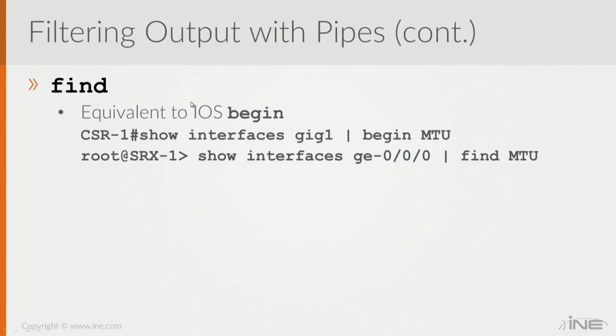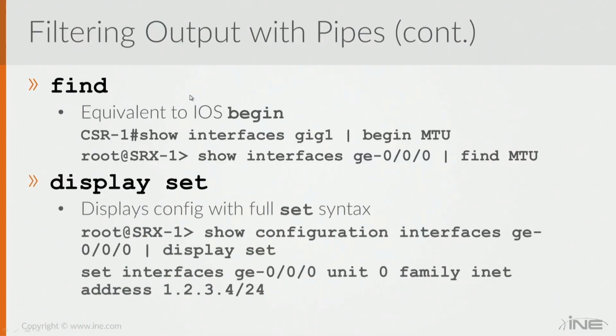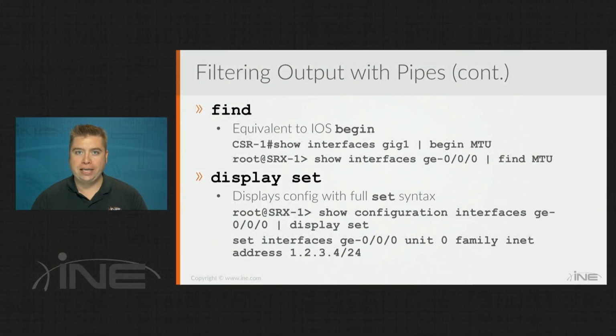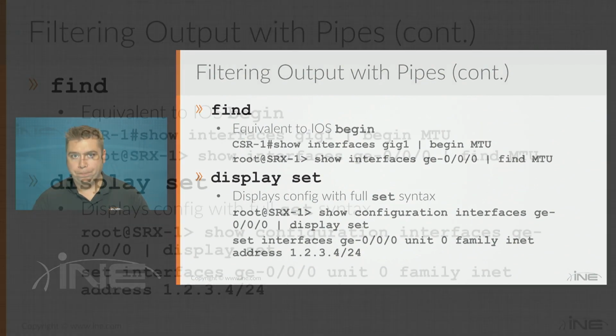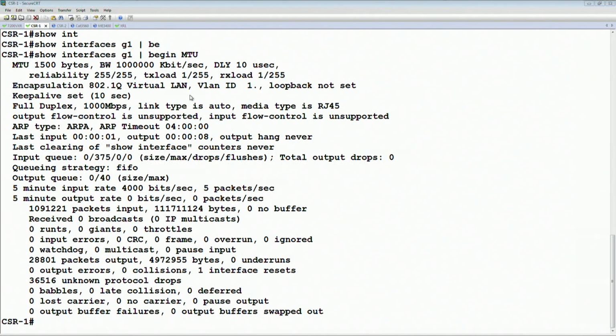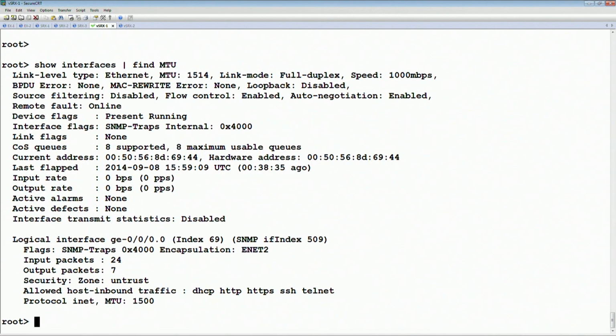Now the other one that's going to be very useful is the | display set command. What this shows us in JunOS is the flat configuration that's not listed in the full configuration hierarchy. What I mean by this is it's going to show you what commands you would actually need to issue in order to get this result of the active config. Now, as we looked at the full default configuration, you see that there's lots of options in there in JunOS by default.